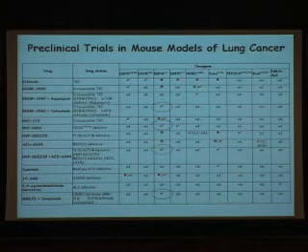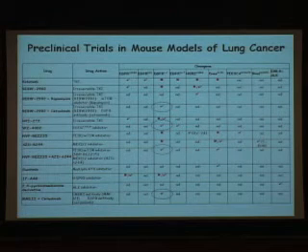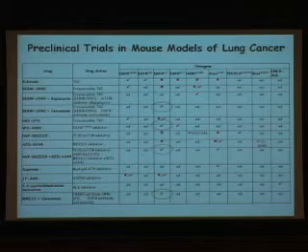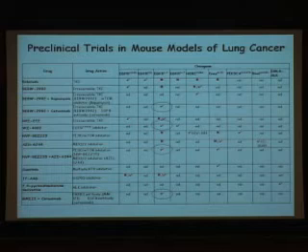I'd just like to point out this table, which is very complicated. If you look at the circles, these are all different mouse models of lung adenocarcinoma that have been induced by different oncogenes. This is a summary of all the different treatments that have been done, a collection of work of several groups, including our work, but also Kwok and Wong's work at the Dana-Farber.